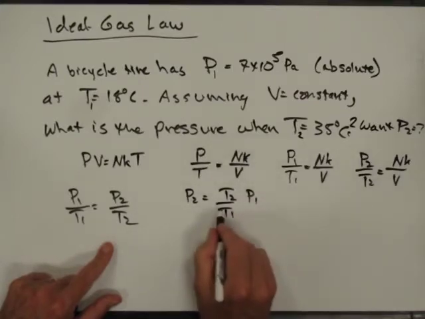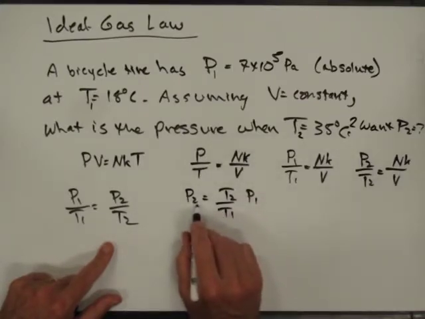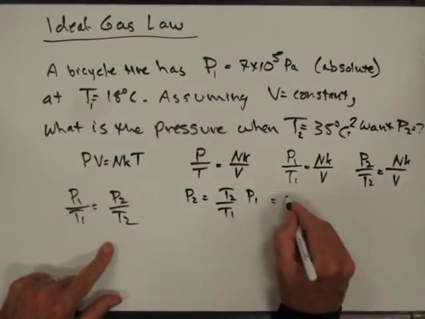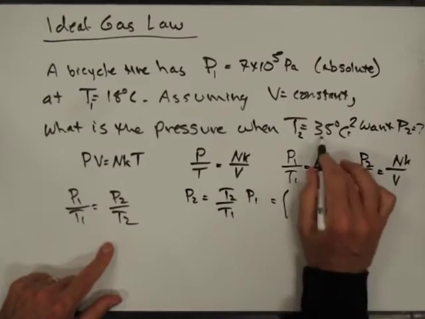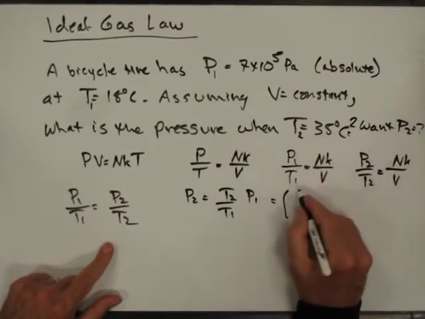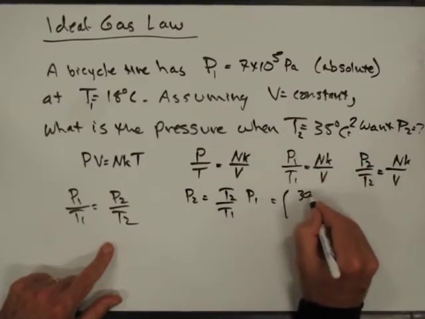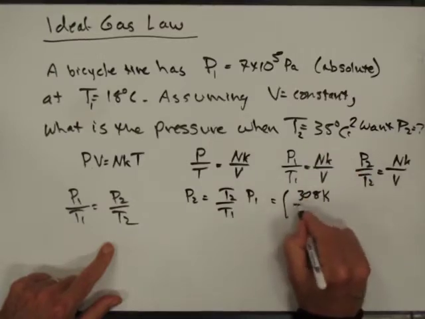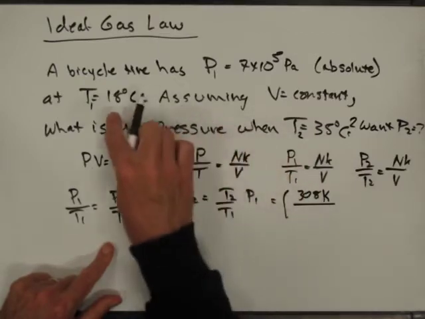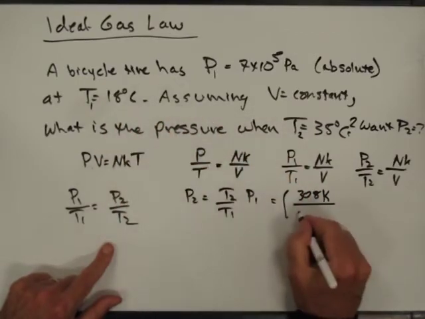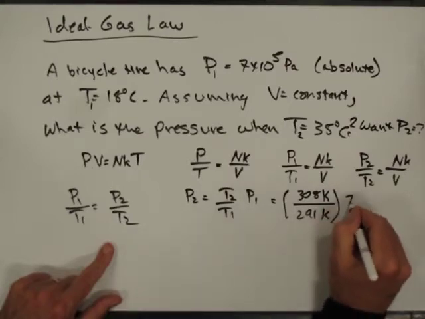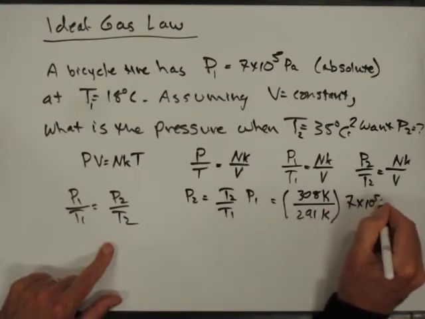Now I have to be careful to use absolute temperature, not Celsius. So T2 is 35, which in Kelvin is 308, because you add 273, over T1, which is 291 Kelvin, times 7 times 10 to the 5th pascals.